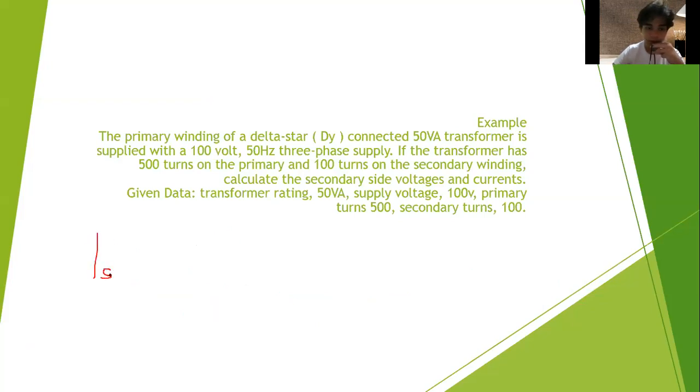Now, since we have obtained this value, we can now compute for the secondary currents. For the secondary phase current, we will be using IL primary, which we obtained earlier, over square root of 3, multiplied by n, which is 0.2.